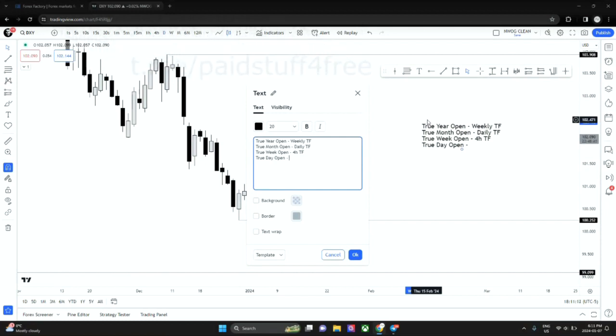Above true opens we get bearish, below true opens we're bullish, right? That's literally how it functions. For the true day open, you will need the 1 hour time frame. Yeah, now we're getting a little bit deeper, right? So these are the correct time frames to use.